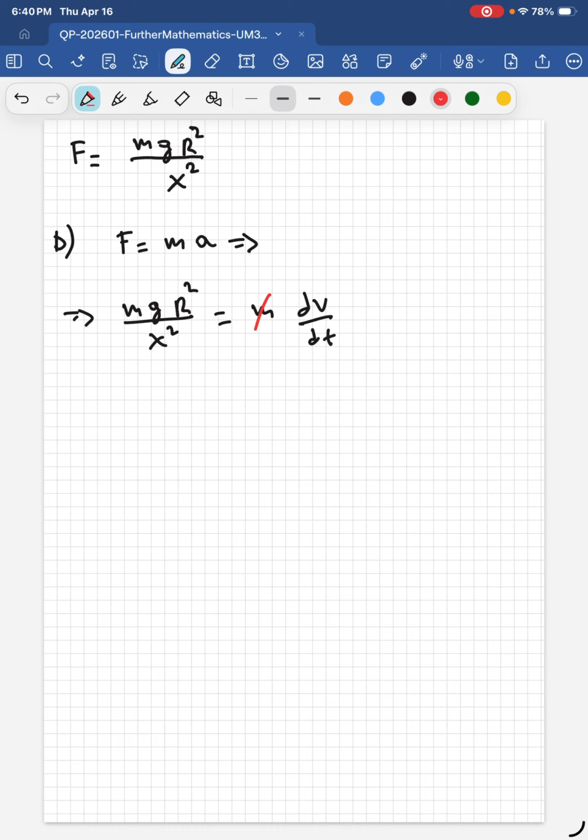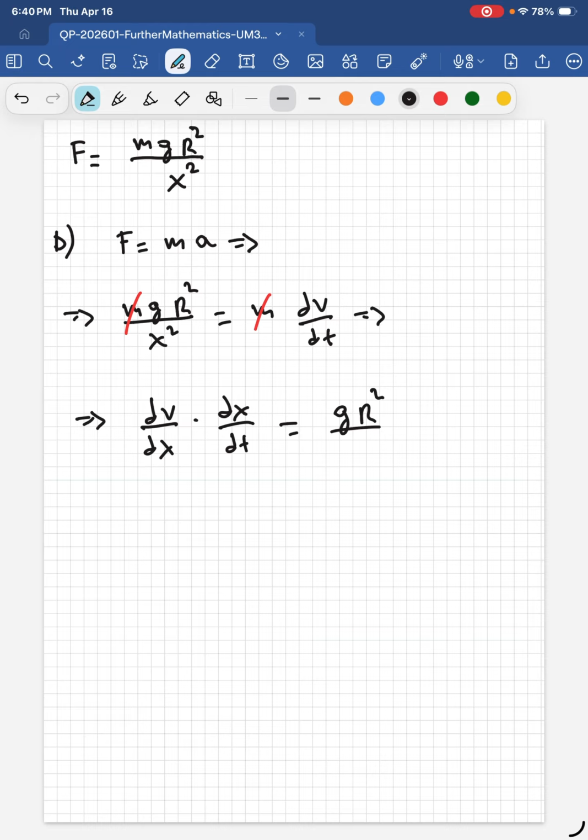So I will bring dv over dt to the left-hand side, and I will write dv over dt as follows: dv over dx times dx over dt. It's the same trick as we did before. The right-hand side is going to be g r squared over x. Now dx over dt is simply v.